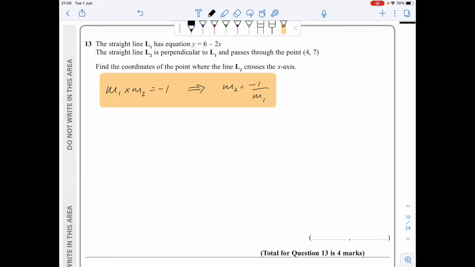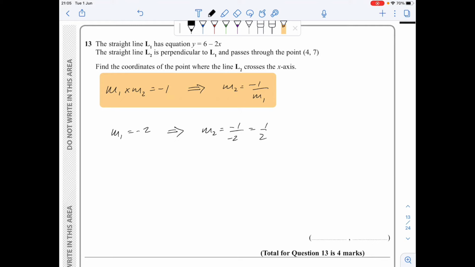It's like saying M2 is the negative reciprocal of M1. So the first equation has a gradient of -2. This means that M2 has a gradient of -1 over -2, which is a half.